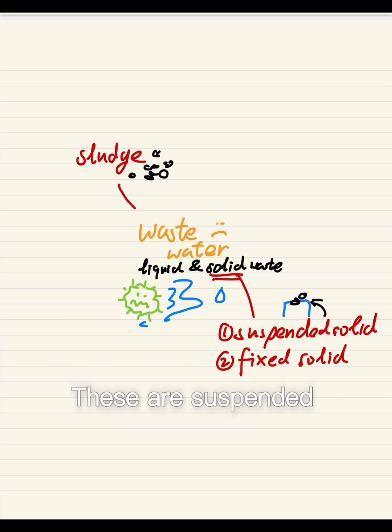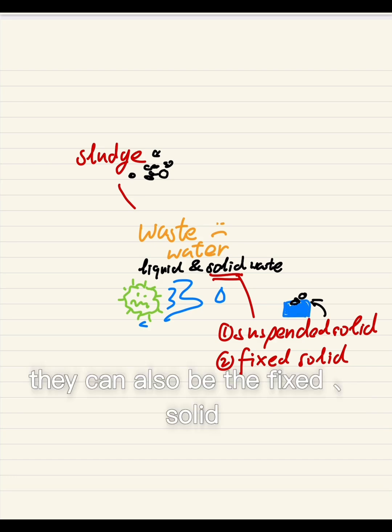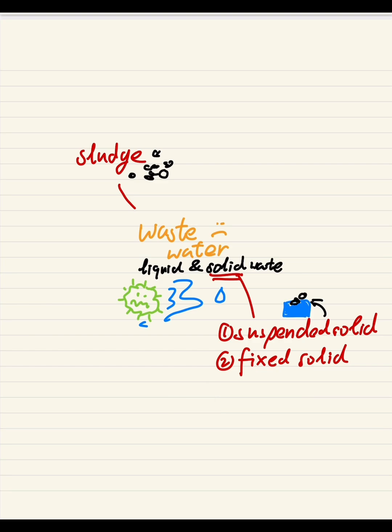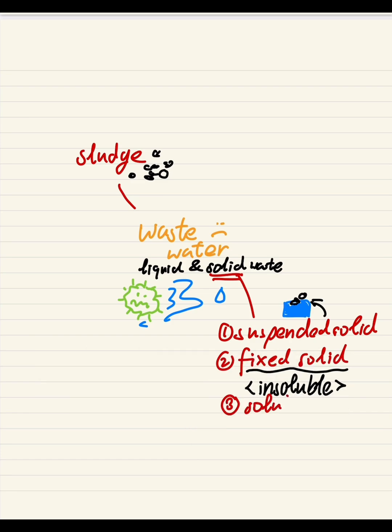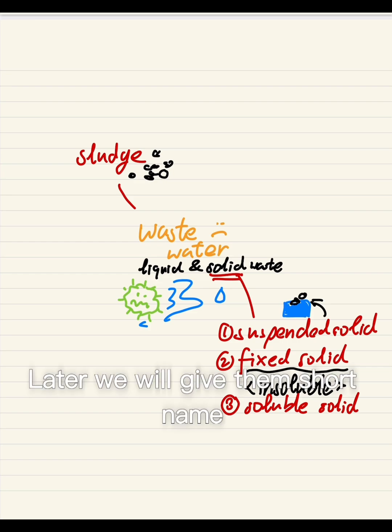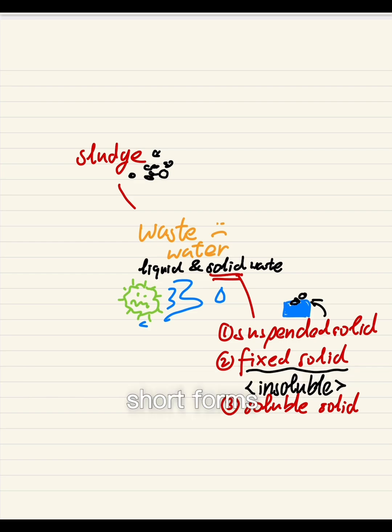These are suspended above the water surface. They can also be fixed solids, and these refer to the insoluble content in the wastewater. There are also unfixed solids, which are the soluble solids. Later on, we will get their short forms.